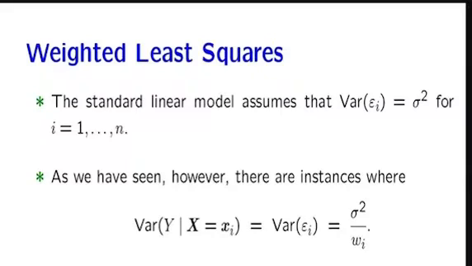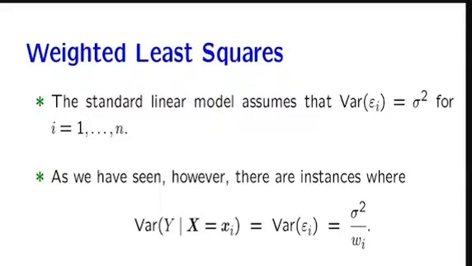But what if there is a weight? That's why I said there are instances where we don't have sigma squared, where we're actually going to have sigma squared divided by wi. Why do we have a wi?